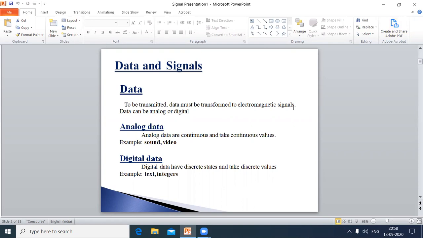Okay, data can be defined in two categories: analog data and another one, digital data.